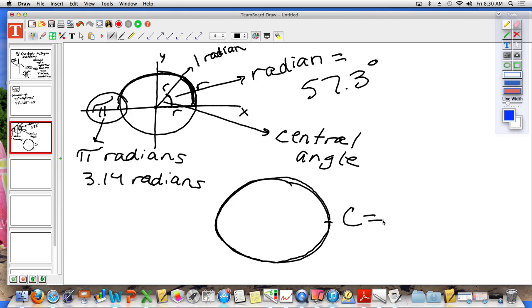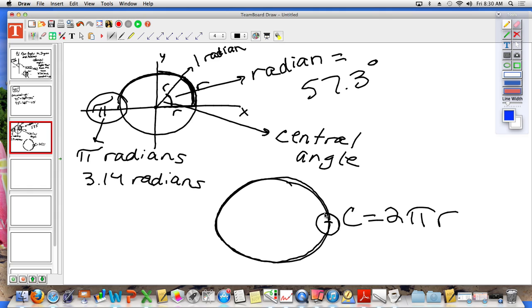So if you go all the way around a circle, you take 2 pi r, r meaning the radius. You find the circumference of the circle. That's equivalent to having 2 pi radiuses you could wrap all the way around the circle. That is why we call this point right here 2 pi radians. 2 pi radiuses. That's what that means.